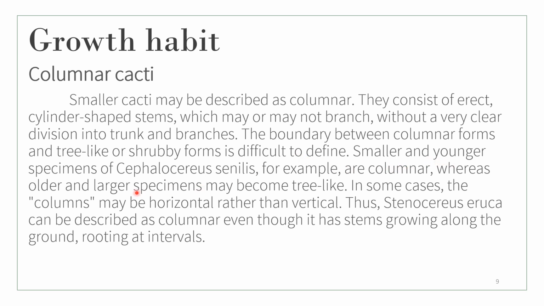Smaller and younger specimens of Cephalocereus senilis, for example, are columnar, whereas older and larger specimens may become tree-like. In some cases, the columns may be horizontal rather than vertical. Stenocereus eruca can be described as columnar, even though it has stems growing along the ground, rooting at intervals.